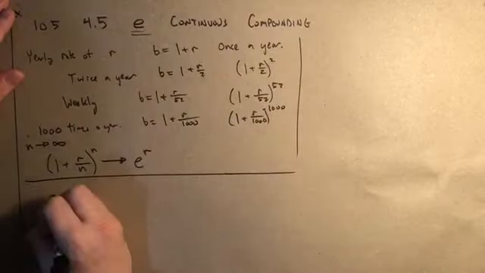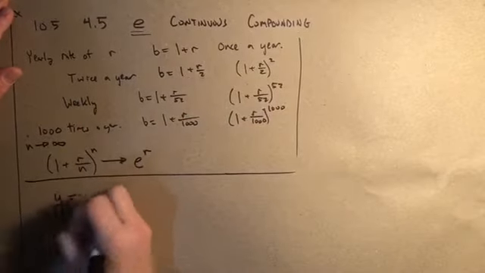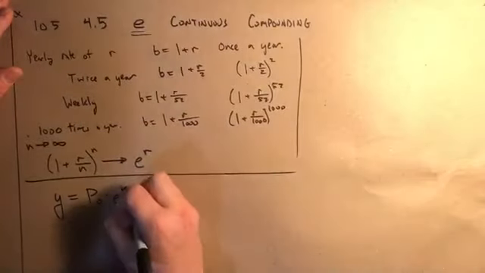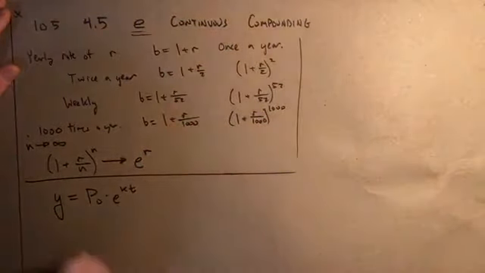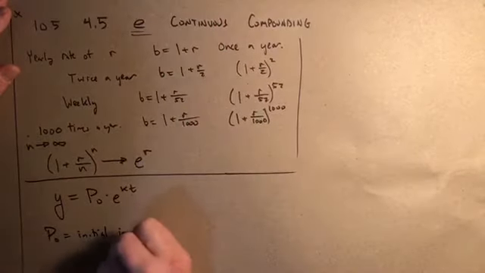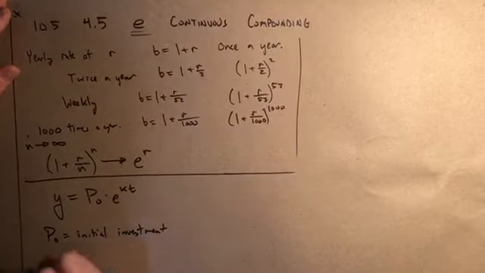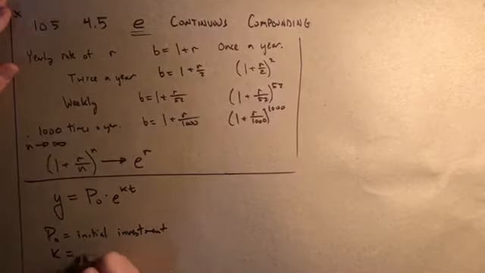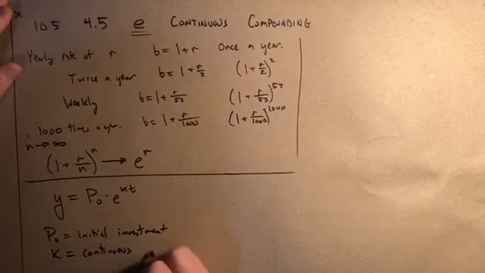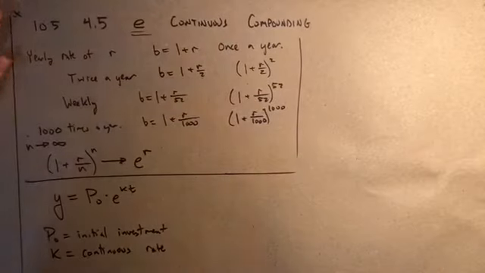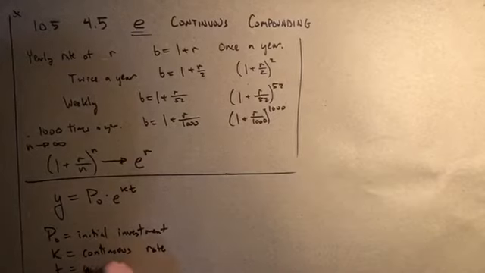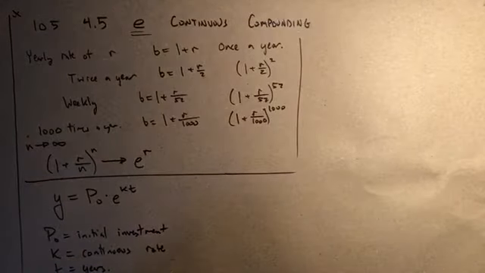What we'll have is y is equal to P naught e to the kt, where P naught is our initial investment, k is our continuous rate, expressed as a decimal, and t is the number of years.